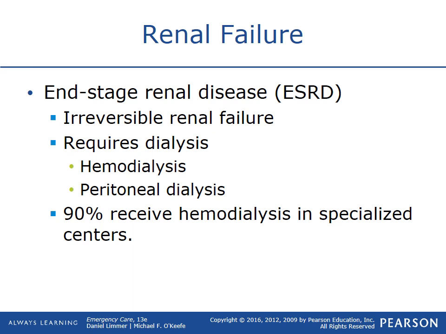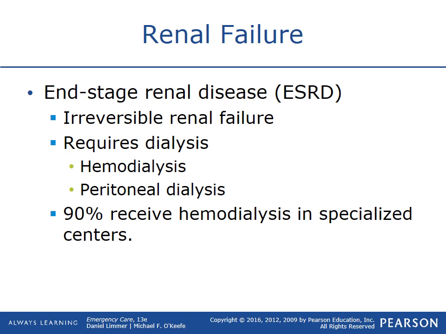There are two types of dialysis. There's hemodialysis that happens through the blood, or there's peritoneal dialysis that actually happens through an opening in the abdomen, a tube that gets placed into the abdomen, into the peritoneum, and it cycles and filters out through there. Most people have to go to special hemodialysis centers to get their hemodialysis, and they have to go 3 times a week generally.